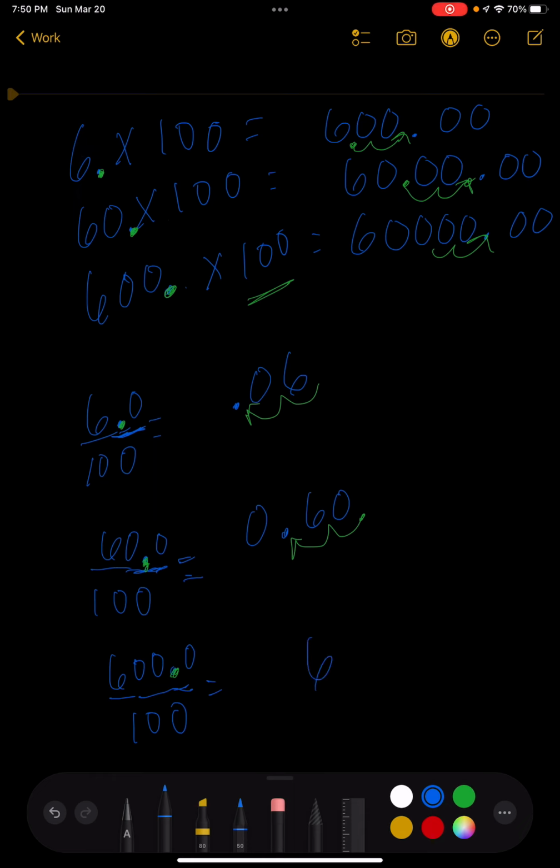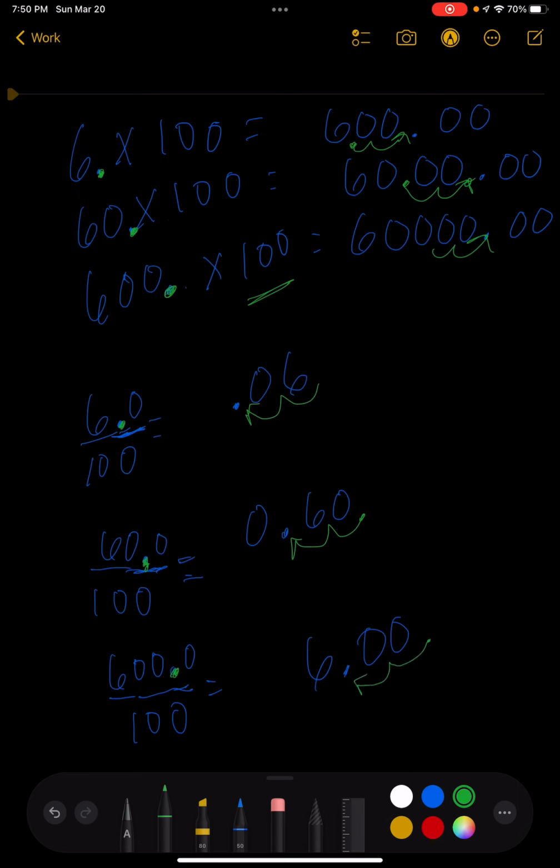I don't know why I do that sometimes. I say the answer instead of reading the problem. It's like my brain is faster than my vocal cords, I guess. I don't know. Let's check it out. The decimal was after the 600. It's not here anymore. It went 2 to the left.